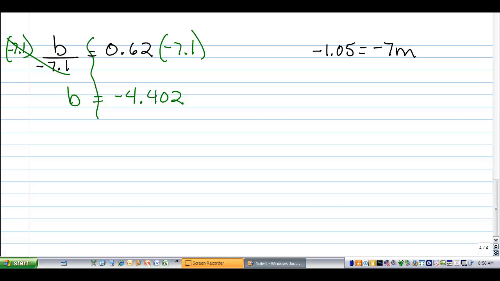Go ahead and pause and solve. You may use your calculator. All right, did you get a positive 0.15? A positive because we have two negatives, which is an even number, which means the answer is going to be positive. Or another way of thinking of it is the signs are the same. If the signs are the same, the answer is positive.